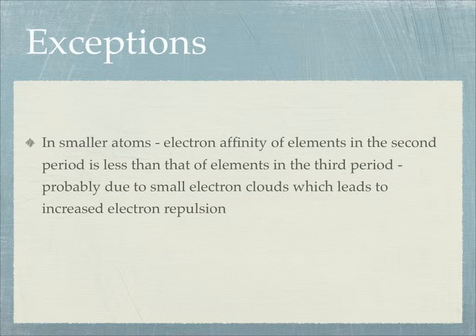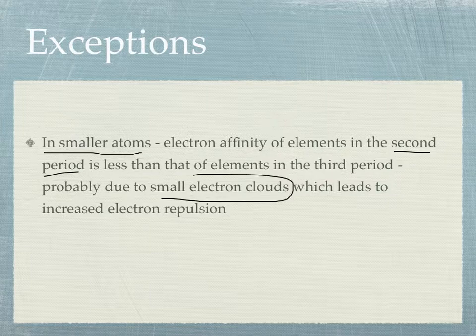All right, so there are some exceptions here, especially when you're in the smaller atoms, like the ones in the second period, probably due to those small electron clouds. When they're small, those electrons are close together, there's a lot of repulsion, and so it changes the amount of energy it takes to pull in that electron, and it doesn't really want to do it if there's going to be a lot of repulsion.